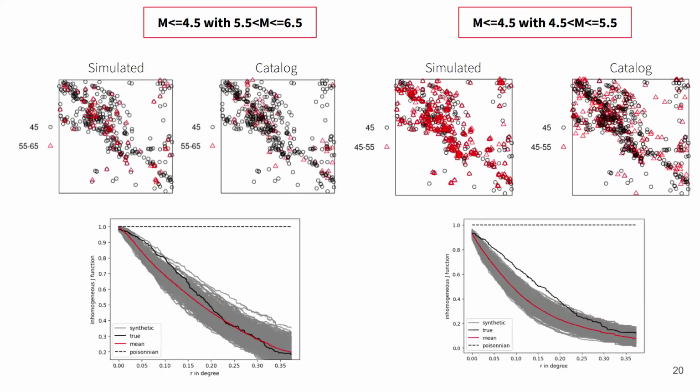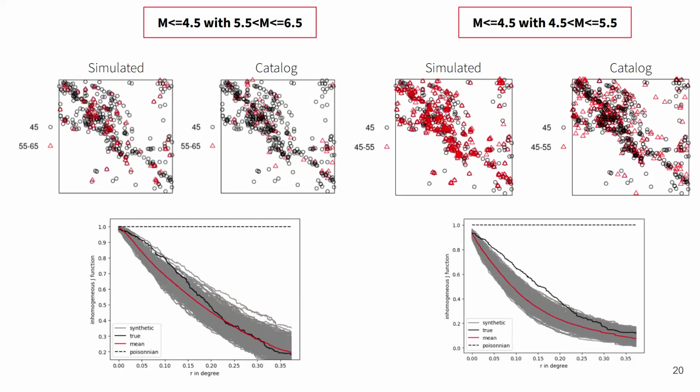And obviously we can do the same for a different magnitude range. So I'm still in L'Aquila. So you still have just one simulation for the 5.5 and 6.5, or the 4.5 or 5.5. So when you compute the J function, depending on the magnitude range, the fitting of the mean J function will be good.